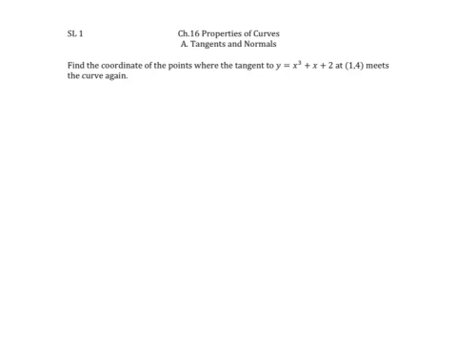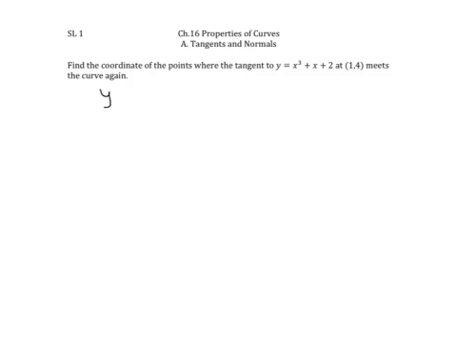Find the coordinate of the points where the tangent to y equals x cubed plus x plus 2 at (1, 4) meets the curve again. So given a curve, we need to find a tangent line that passes through (1, 4). By now, you should be an expert at this.